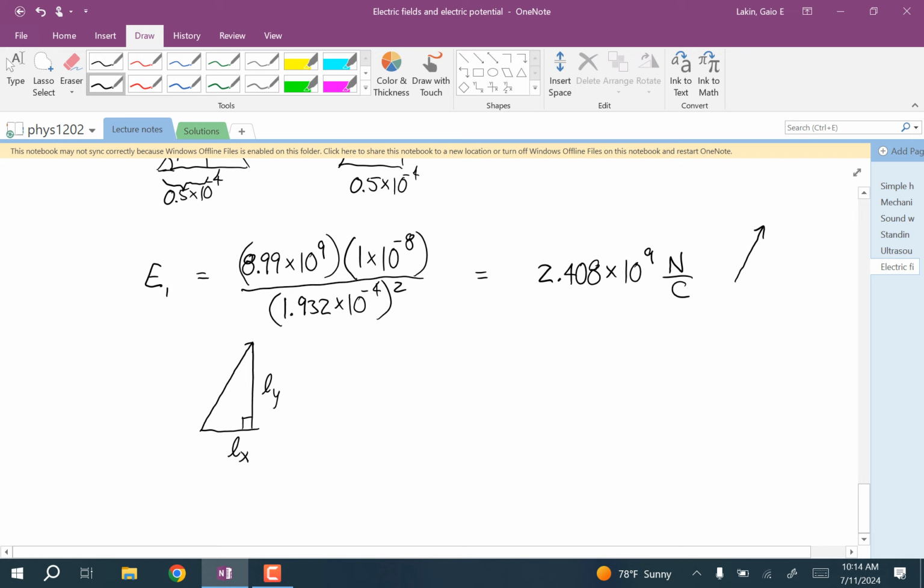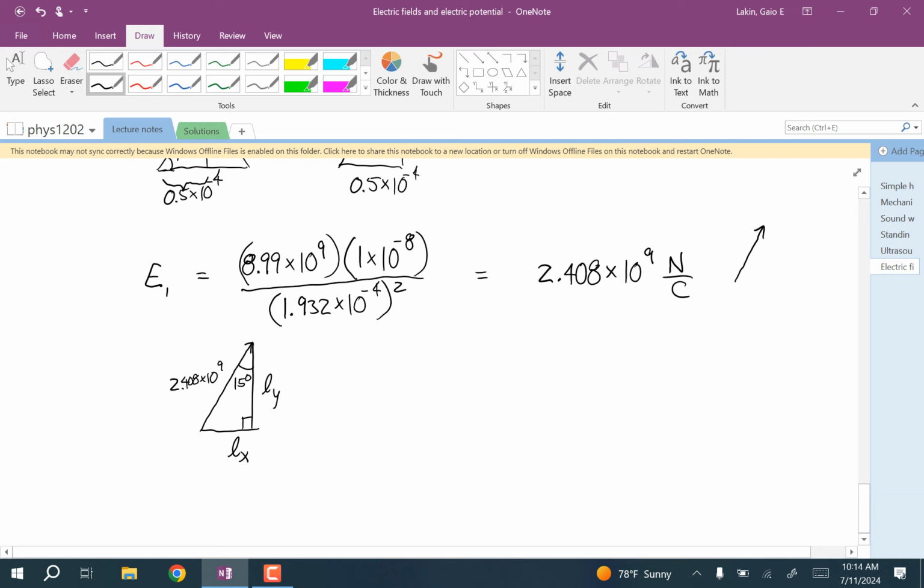Those are what we're trying to find. And we know now that the length of the hypotenuse is 2.408 times 10 to the 9th, and we know that this angle is 15 degrees.